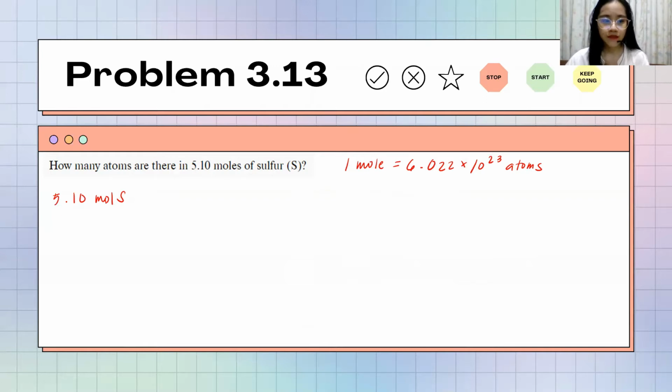So 5.10 moles of sulfur times 6.022 times 10 raised to 23 atoms over 1 mole. Cross this out.